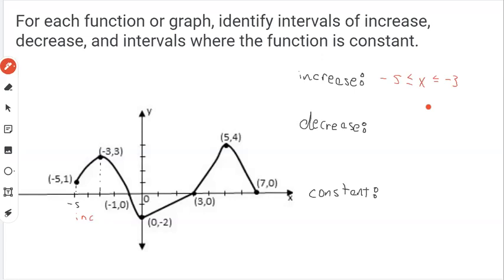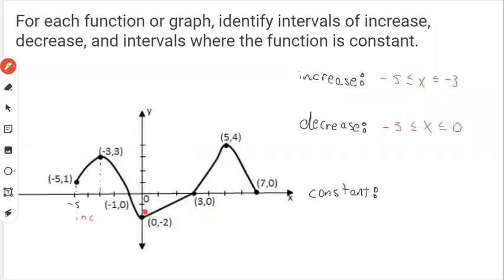Okay. Then the function starts going down. It starts going down from -3 all the way to 0. The function is decreasing. So from -3 all the way to 0. So we can write that as x is between -3 and 0. And then the function starts increasing again.